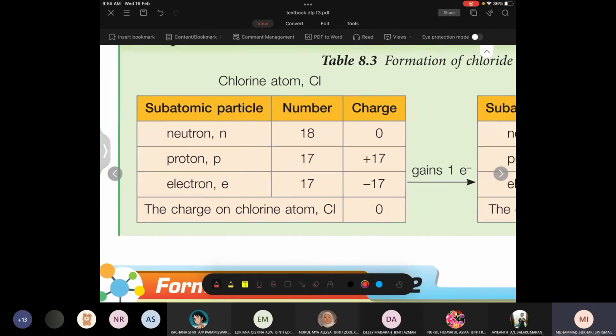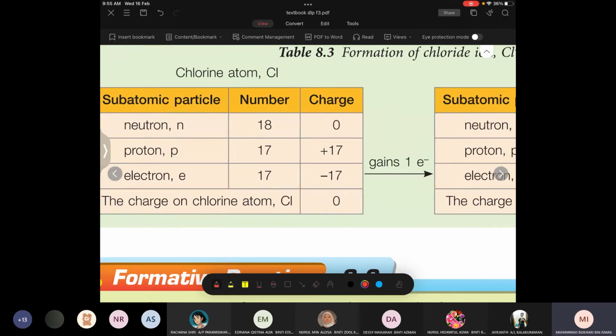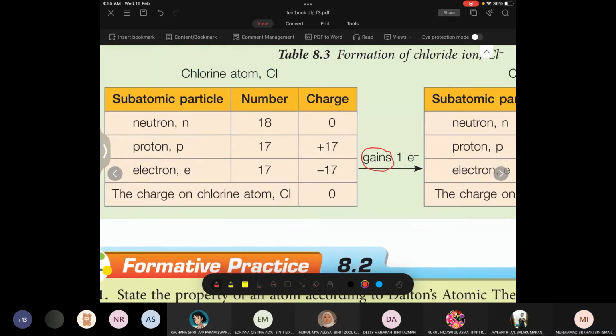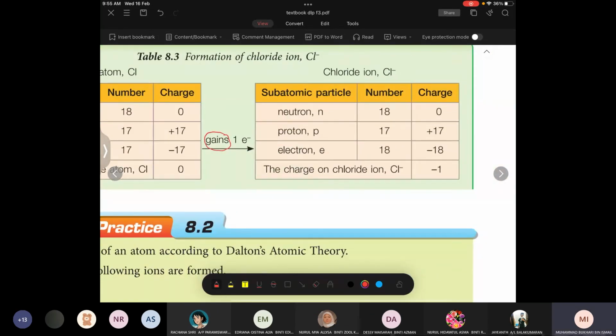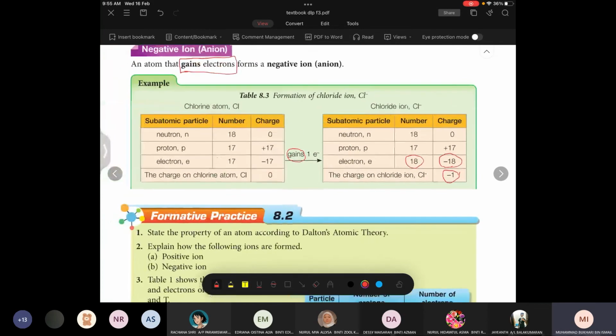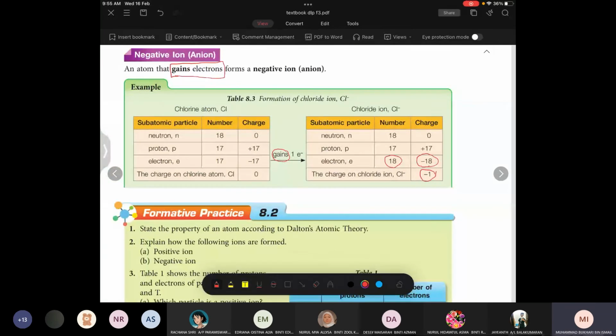It gains one electron. So as you can see here, we have 18 electrons, and it becomes negative 18. The charge is negative 18. So the total charge is negative 1. So in this case, it is a negative ion or anion.